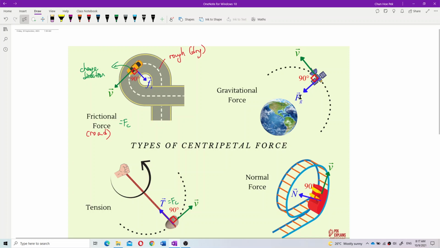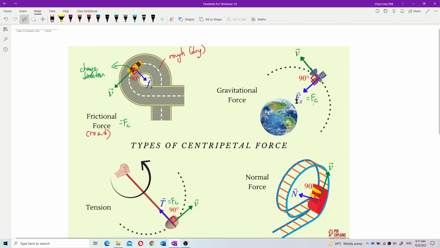So this gravitational force experienced by the satellite becomes the centripetal force necessary for the velocity to change direction in a circular motion.